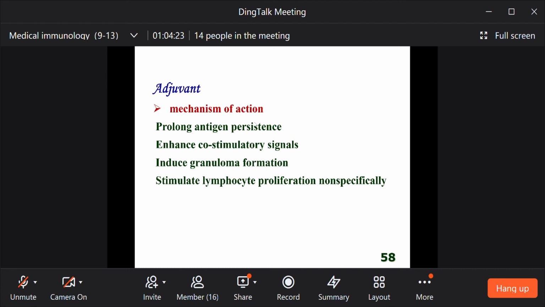Remember here, the adjuvant stimulates lymphocyte proliferation non-specifically.